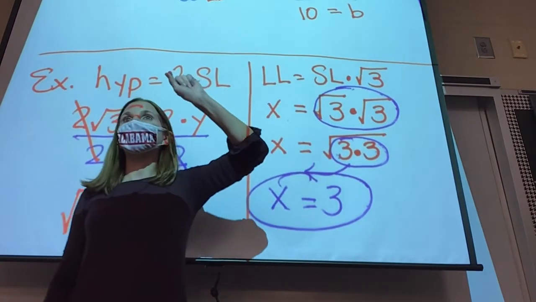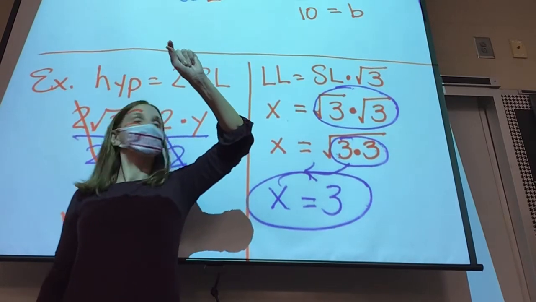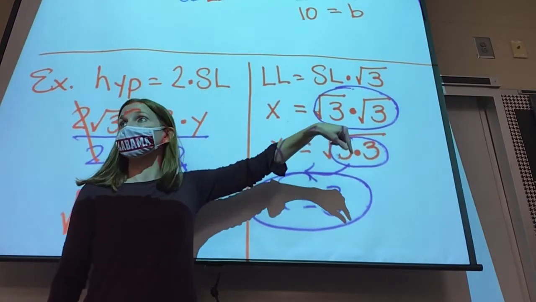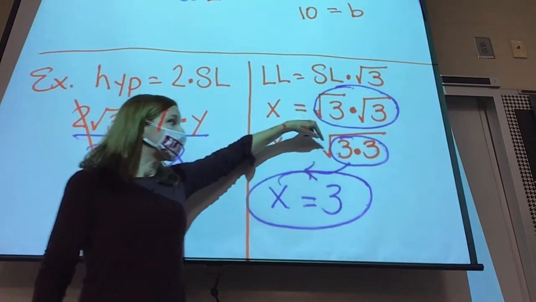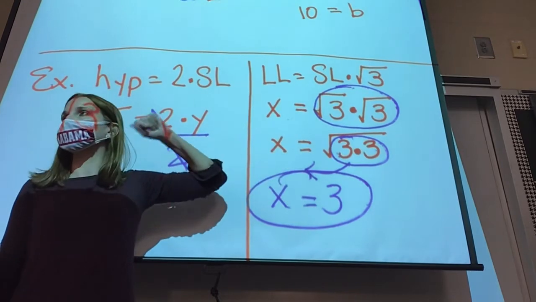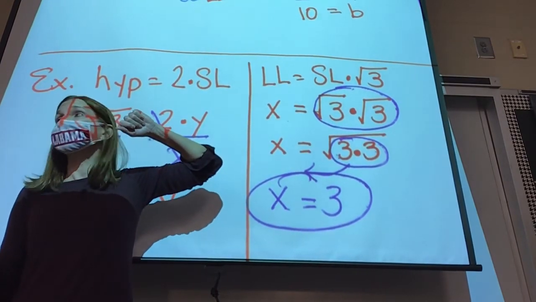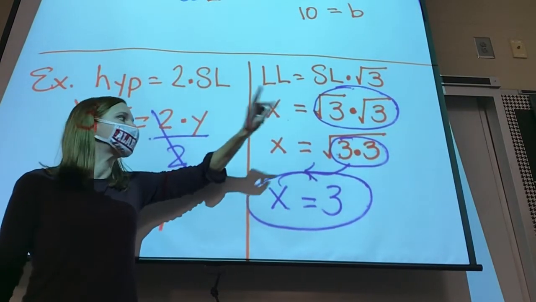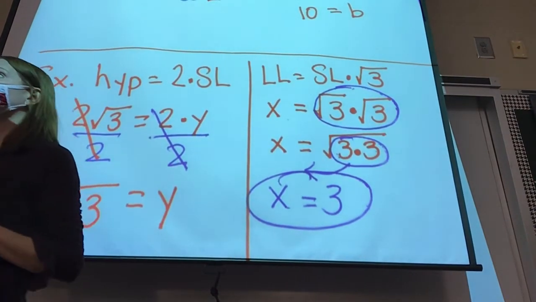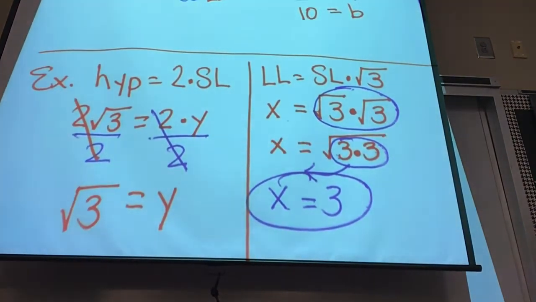Every time I circle a group of 2, one circle means one number comes out. So if I have one circle here, then one of those comes out. You're not pulling both of those numbers out. You're only pulling one of those 3s out.